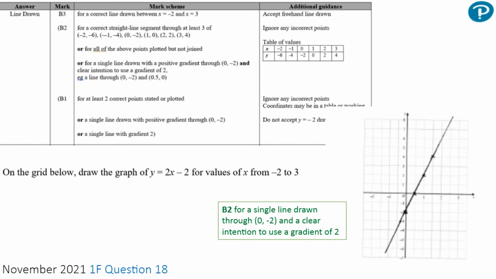Quite difficult to see whether or not there is an intention in this case. Sometimes you will see it all go across, and you'll almost see a little arrow going across 1, up 2, across 1, up 2. So that would get 2, because we're saying this is a clear enough attempt at using a gradient of 2. But just going through -2 is enough there.